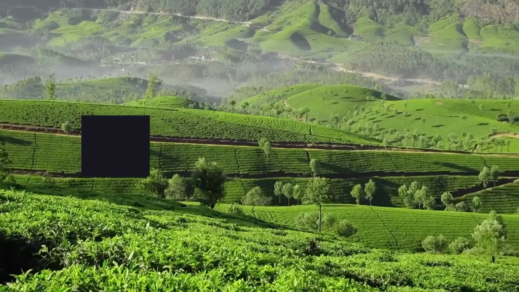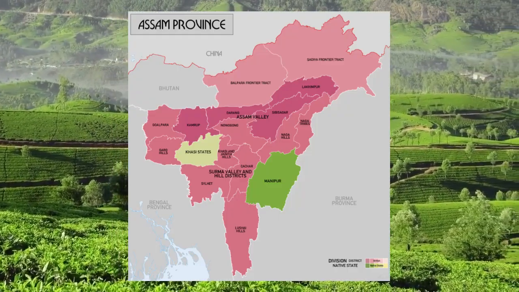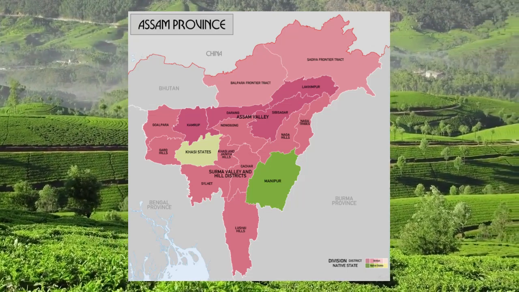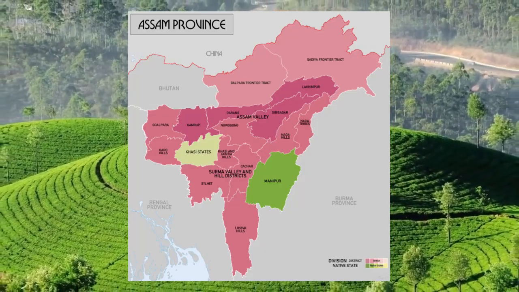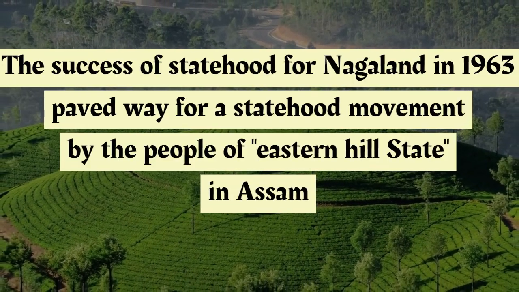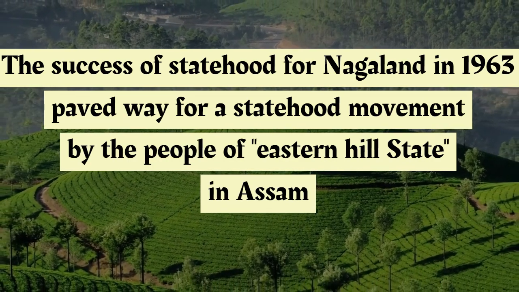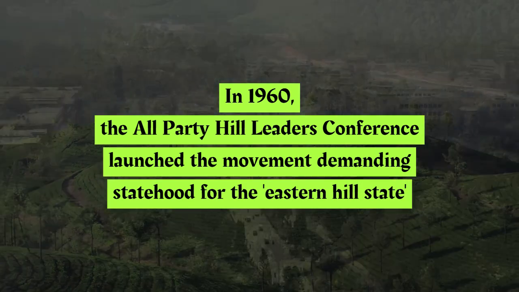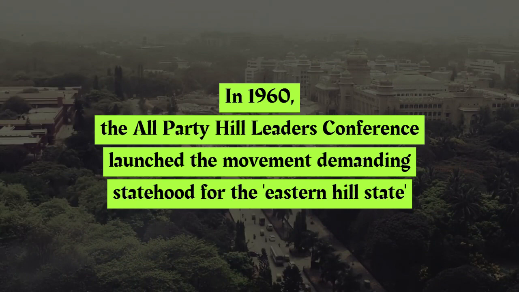After the Indian independence, the northeastern state of Assam had a massive territorial area that included the present-day Nagaland, Meghalaya and Arunachal Pradesh. After securing a state of Nagaland in 1963, a demand for a separate state for the people of hills took steam. In 1960, the All-Party Hill Leaders Conference was formed in demand of statehood for the Eastern Hill State.